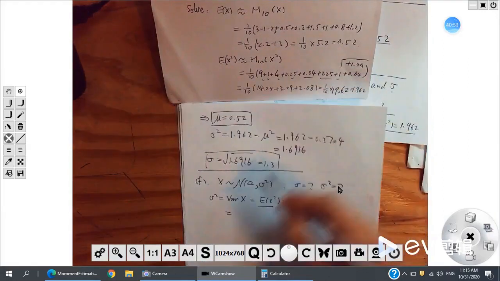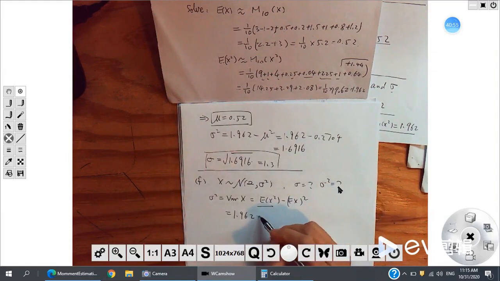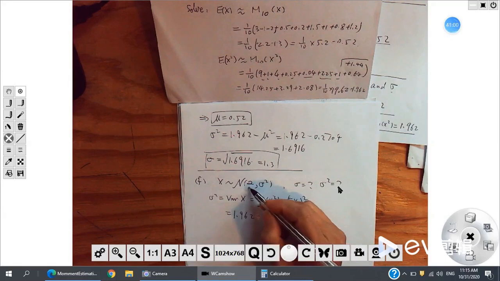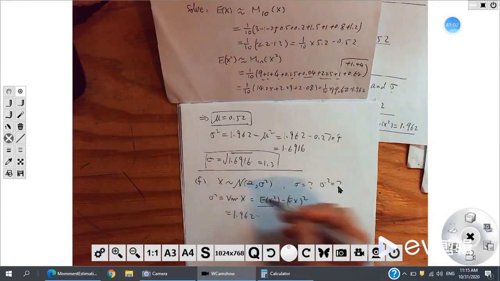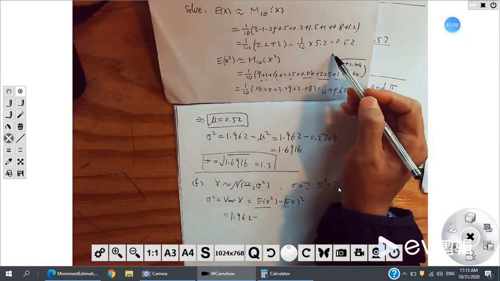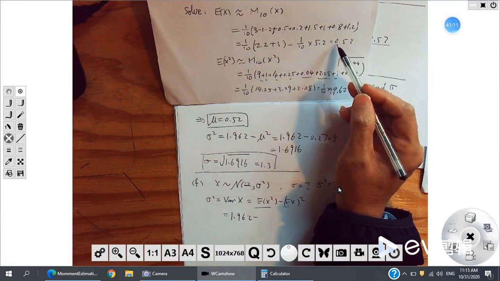This one is 1.962, right? This is E[X squared] minus the square of E[X]. Okay, what is E[X] now? We know it is 2. So in this case, you do not need to calculate it. Before, I used the estimate, 0.52, which is based on samples.